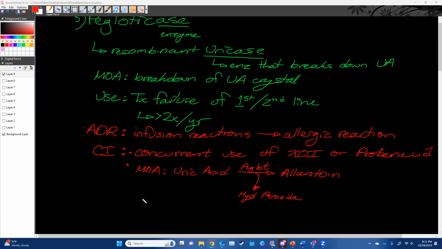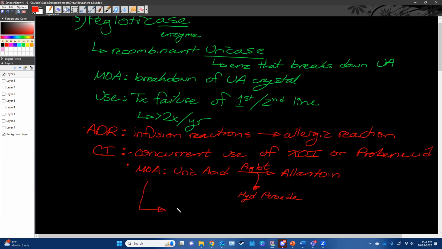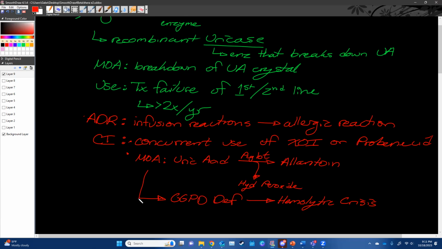So you cannot use this drug in someone with G6PD deficiency, because they won't be able to deal with the hydrogen peroxide, especially in the blood, leading to hemolytic crisis. So their red blood cells start to explode and then they die. The other thing that can end up happening here is that you have significant damage to the heart, causing congestive heart failure. Not good.